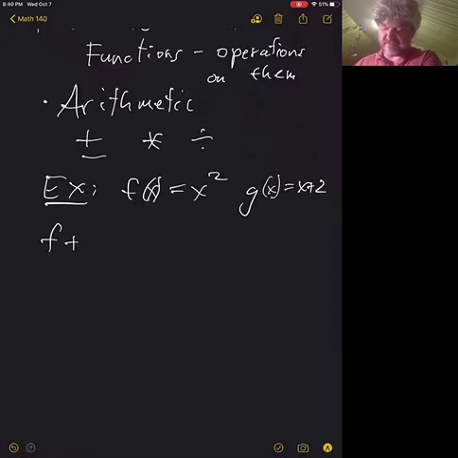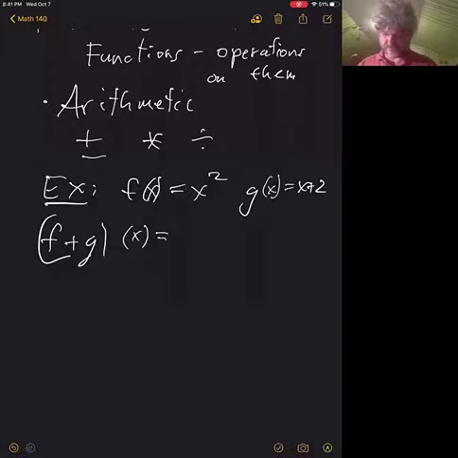When we add them, that's going to be a new function. And what does it do? It adds those 2 things together, as in f plus g of x is x squared plus x plus 2.